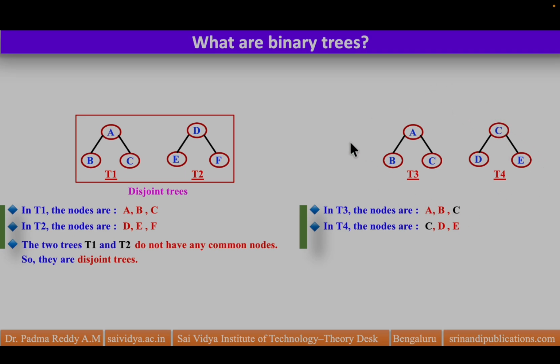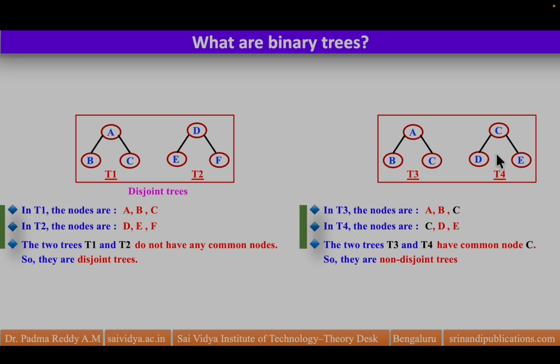Observe that the two trees T3 and T4 have common node C. Here C is common for both the trees. Since there is a common node between these two trees, we call them as non-disjoint trees.